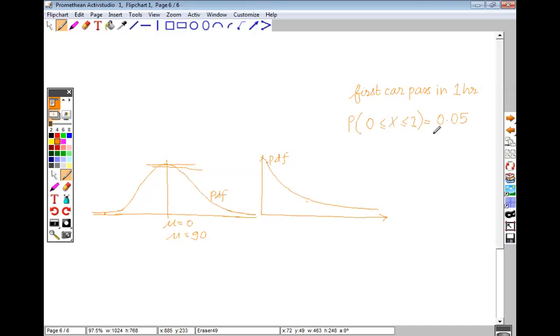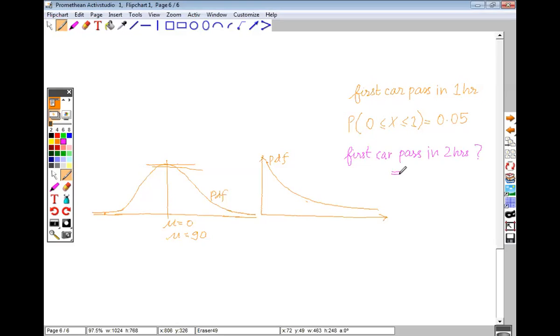So again, if I have another question, remember, this is the information that I have given to you guys. And now I'm asking you a question, which will of course be based on this. My question is, what is the probability that your first car passes in 2 hours? Anyone has any idea about what this should be?